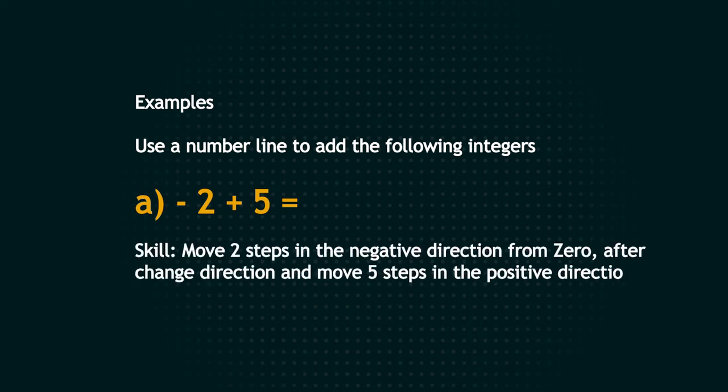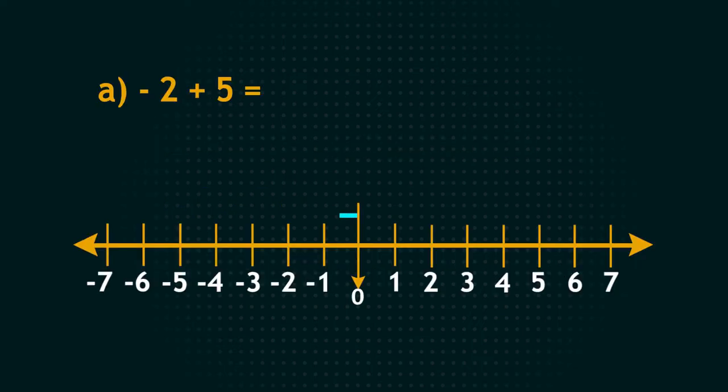This simply means, practically, that you will make two steps from 0, moving in the negative direction. That means stand at 0, face the negative direction, move 2 steps. From 0, make 1 step, then add another step, stand at negative 2. That is what it means.